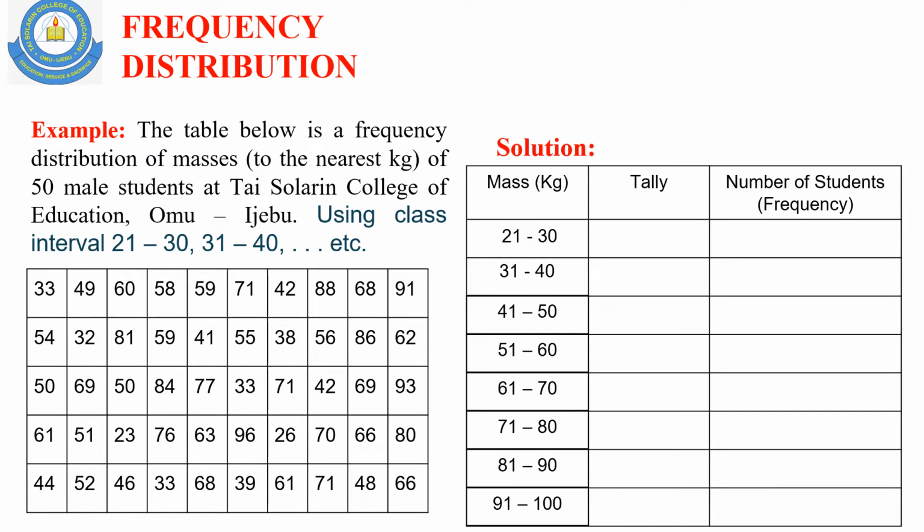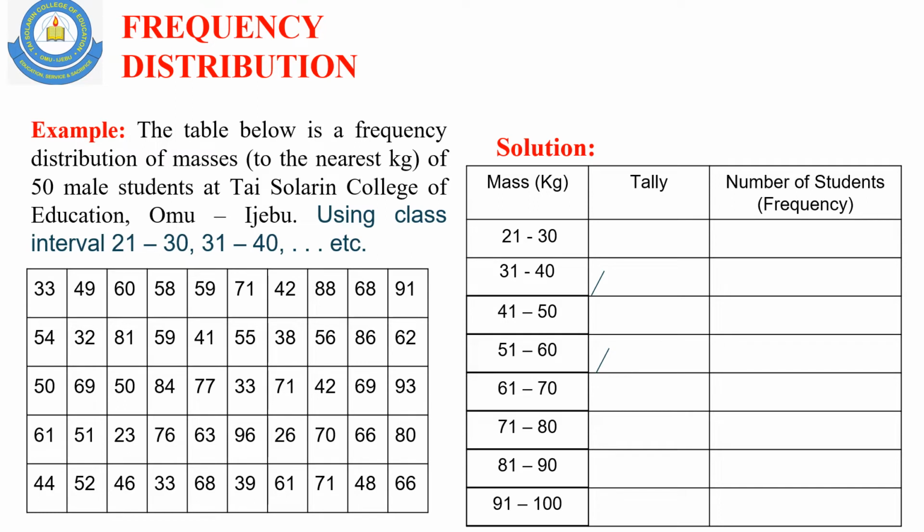Then for the tally, you want to see the number of times a number occurs under each group. The first number we are going to take here is 33. So we look at the group where 33 falls. 33 falls between 31 to 40, so we strike under 31 to 40. Then 54, we look at the group where 54 falls. 54 falls between 51 to 60, so we strike that line too.